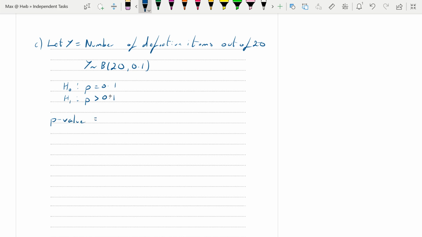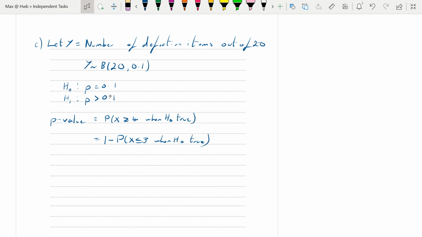So I'm testing for greater than, so I'm going to look at greater than or equal to my observed value, which is 4, when H0 is true. So I'm going to use the probability 0.1. Again, I can't do this in my calculator with binomial, so I'm going to do 1 minus the probability of x being less than or equal to 4. Oh, sorry, less than or equal to 3. Let me change that. When H0 is true.